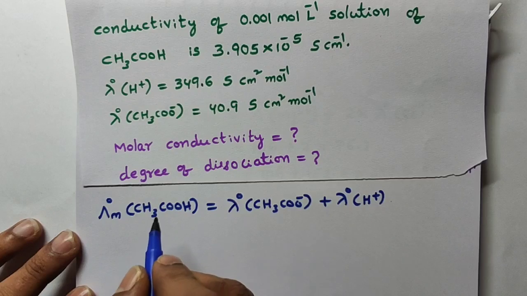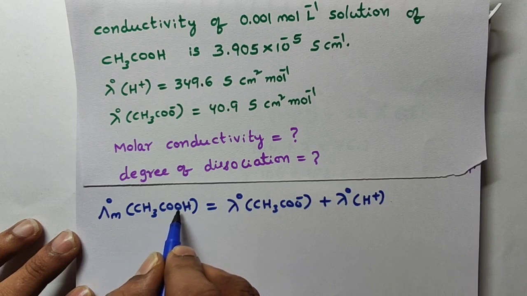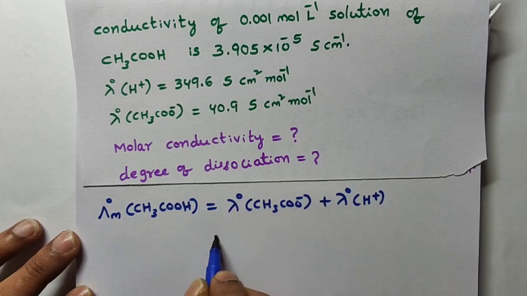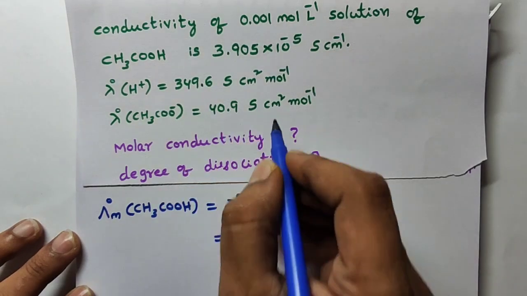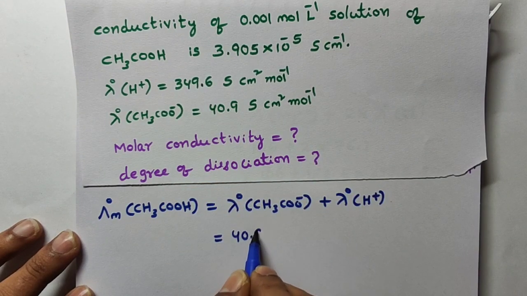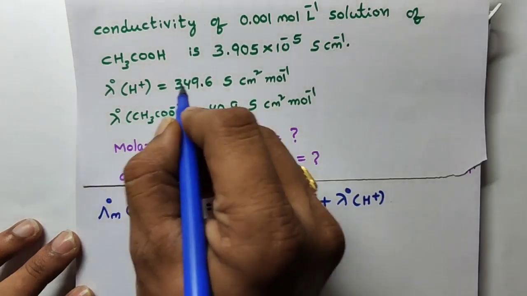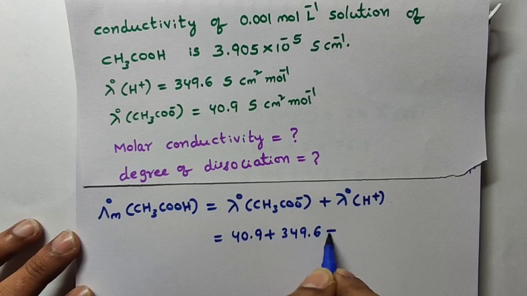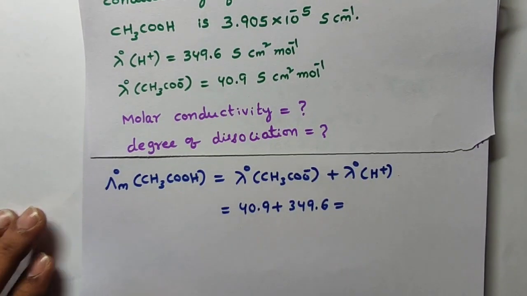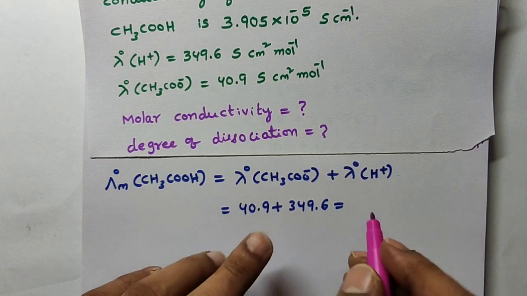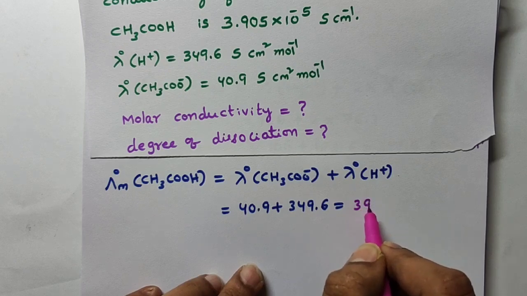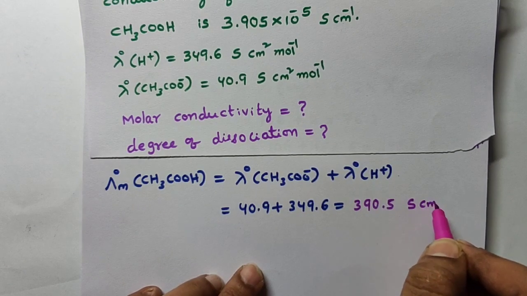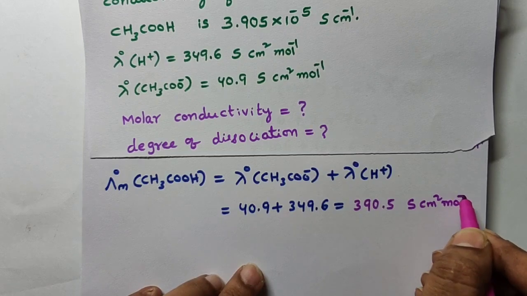Because this is nothing but CH3COO minus and H plus, right? That's why we wrote it like this. And next, here the acetate ion value is 40.9 plus the H plus ion value 349.6. Okay, now if we add both, we will get 390.5 Siemens centimeter square mole inverse.